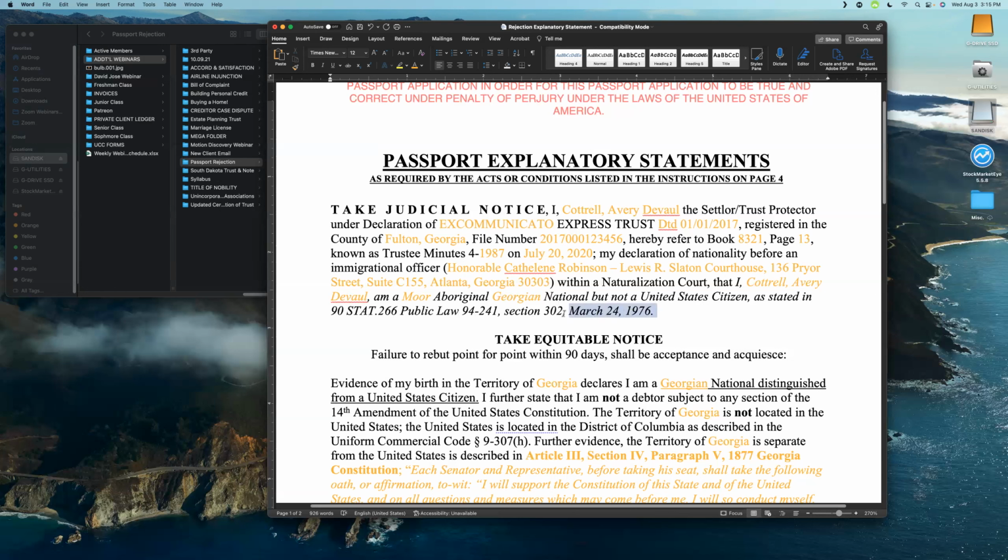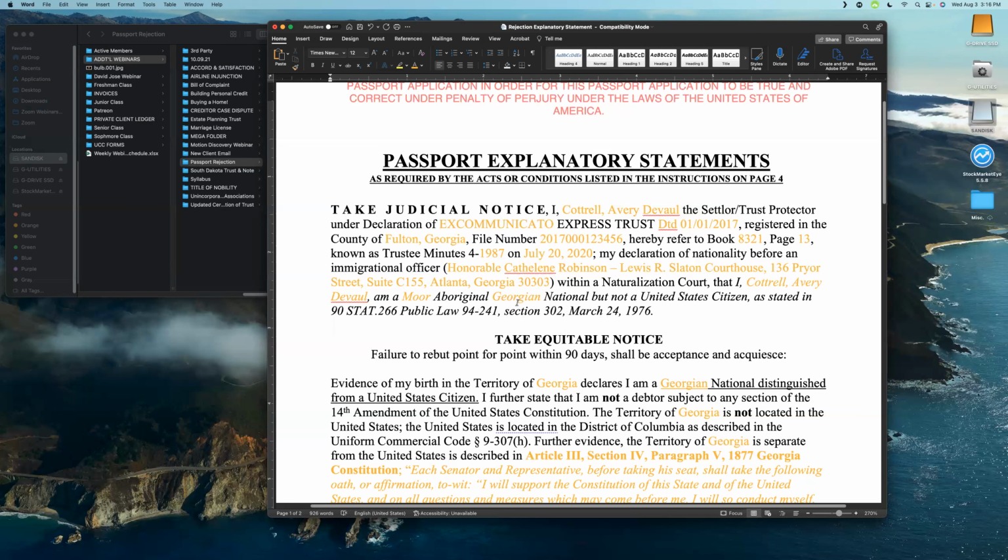You can Google this, go to Section 302, and it will tell you how you can declare to be something other than a United States citizen. And you want to do that with the clerk of court because they are an immigration officer. And this law says to do it before them first.